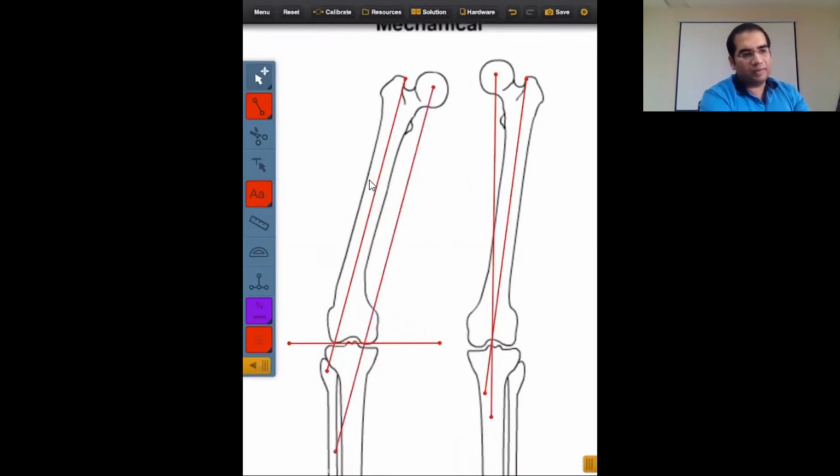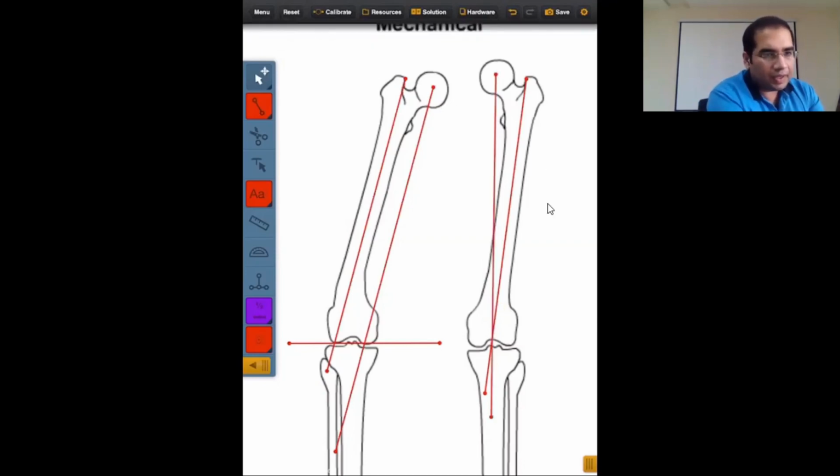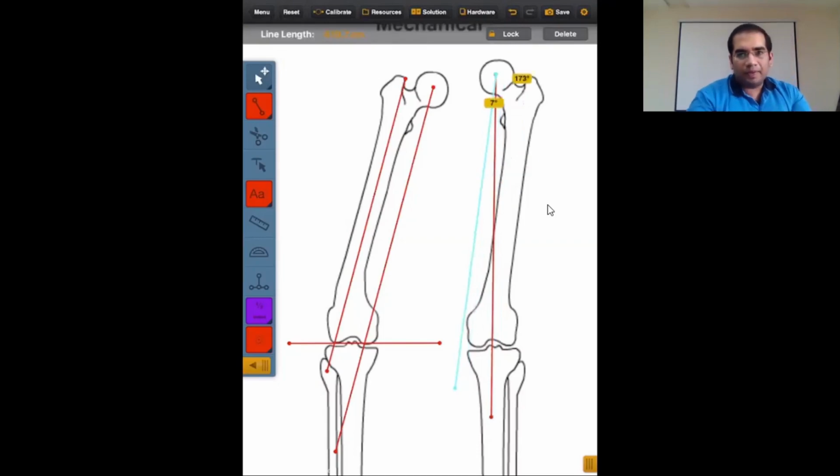In this normal limb, I told you that we calculated that the anatomical mechanical angle is 7 degrees. So what is going to happen? If I extend the line over here, by the rule of opposite angles, when it is extended to the two parallel lines, the angle here must also be 7 degrees.